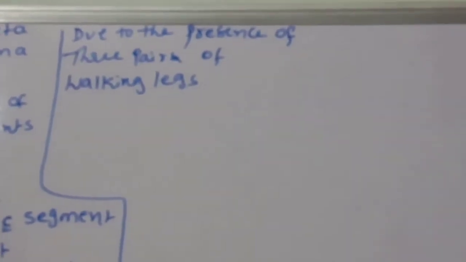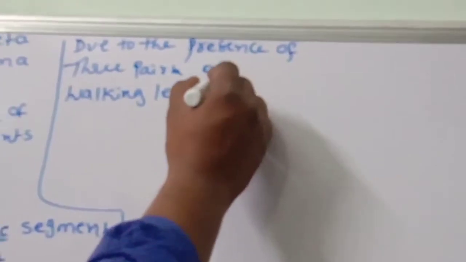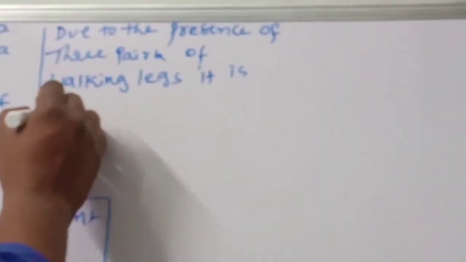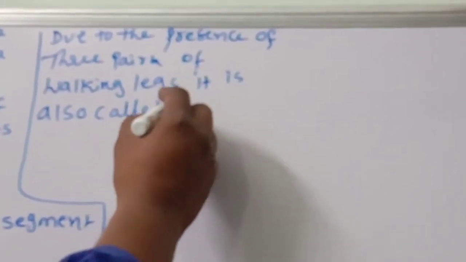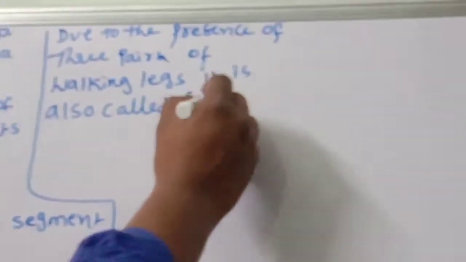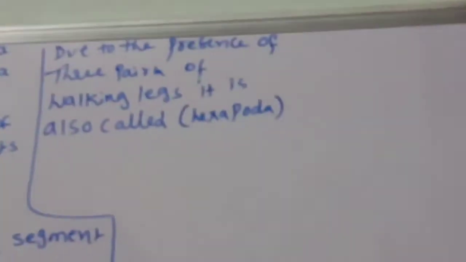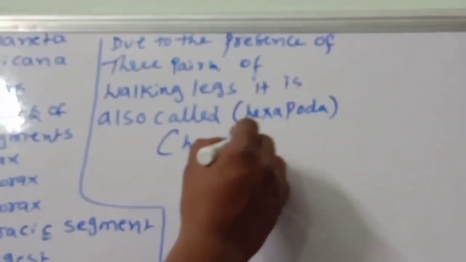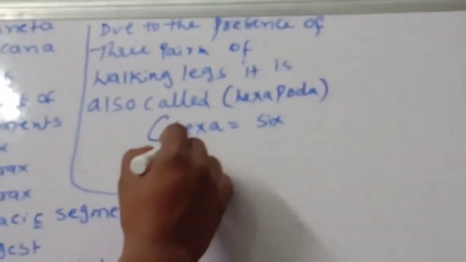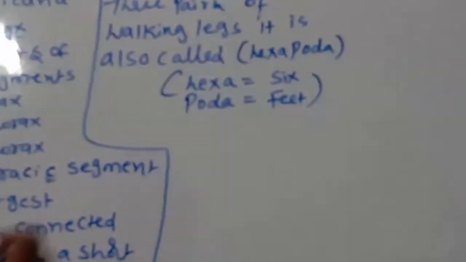Due to the presence of three pairs of walking legs, it is also called Hexapoda. Hexa means six, poda means feet, six feet.